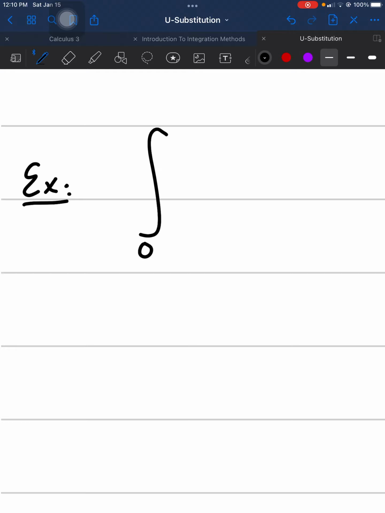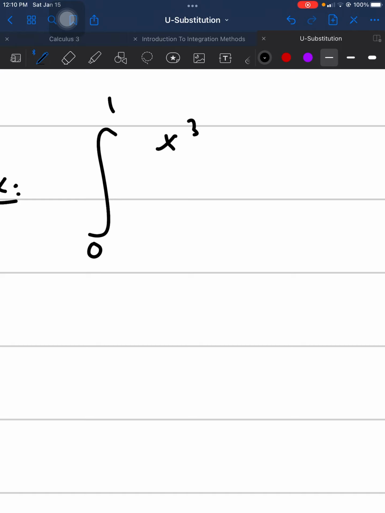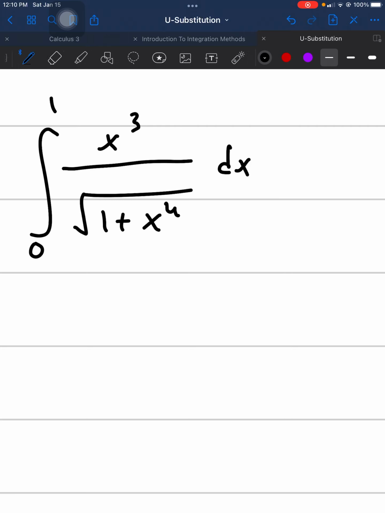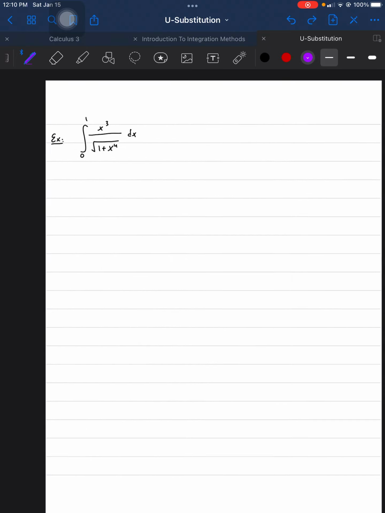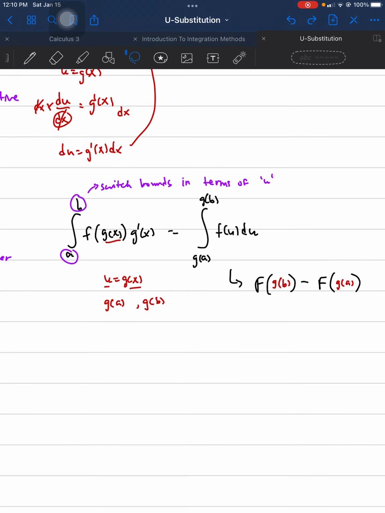So we have the integral from 0 to 1 of x cubed over radical 1 plus x to the 4th dx. So we're going to be using U-substitution, and this is a definite integral since this has bounds, right? It has a lower bound, it has an upper bound. And we're going to use this general formula right here that we already explained.